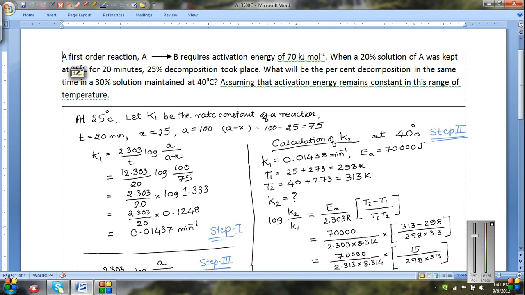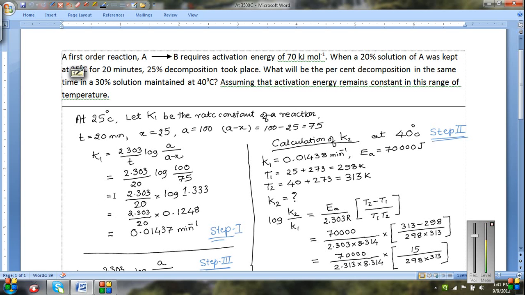Now let us try to calculate the K1 value. K1 is equal to 2.303 upon t log a upon a minus x. So t is 20, initial concentration is taken as 100, a minus x is 75. Calculate. This is step 1.